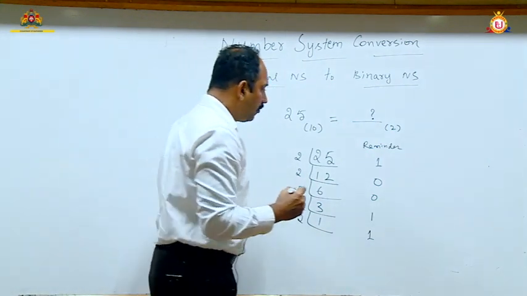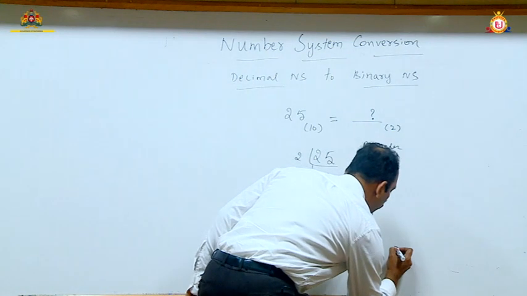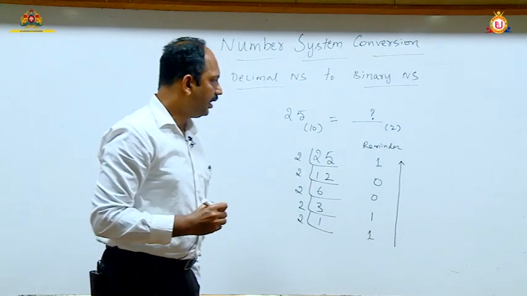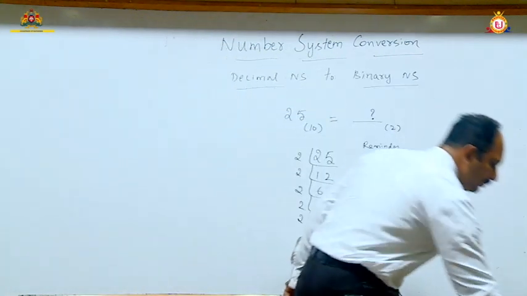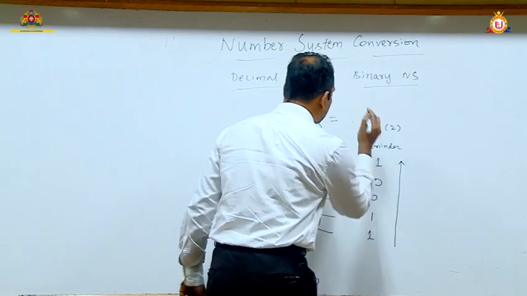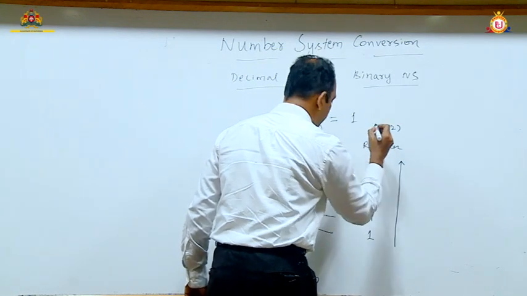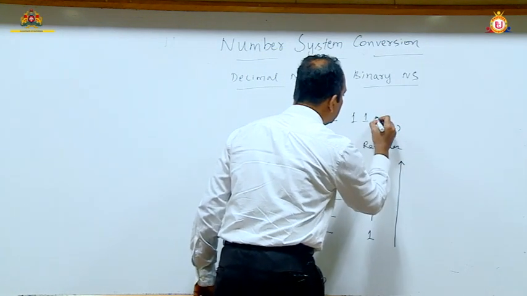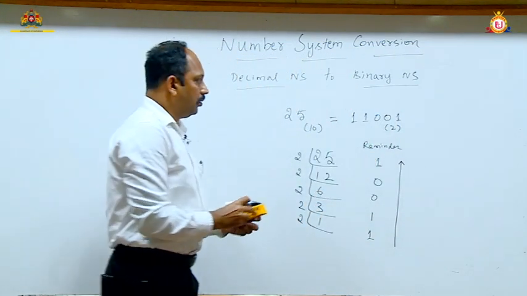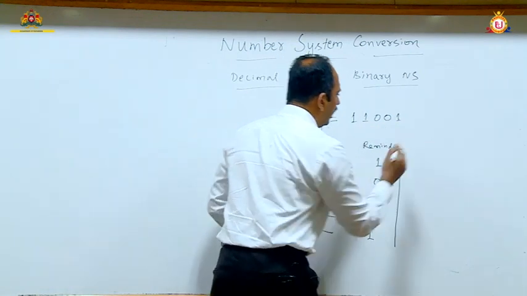Now we have to write from bottom to top. When we write from bottom to top, the result of this operation is 1, 1, 0, 0, 1. It should be written like this.